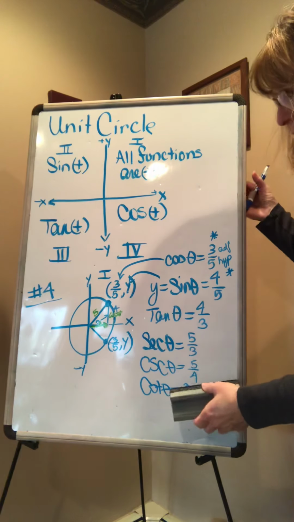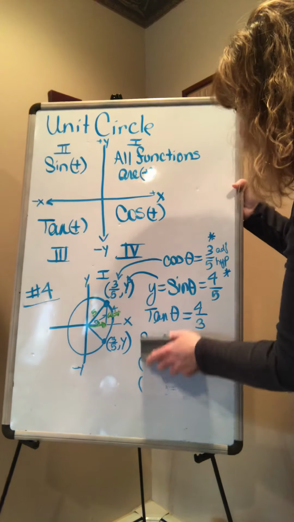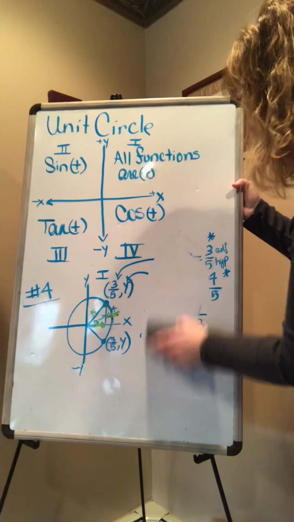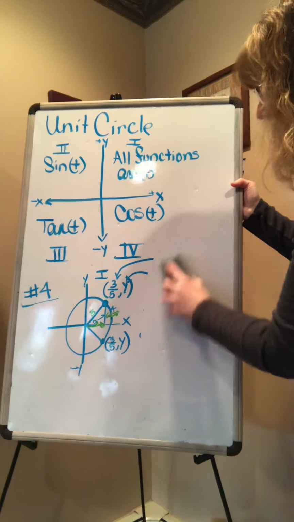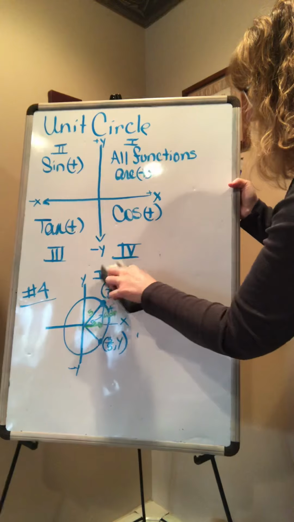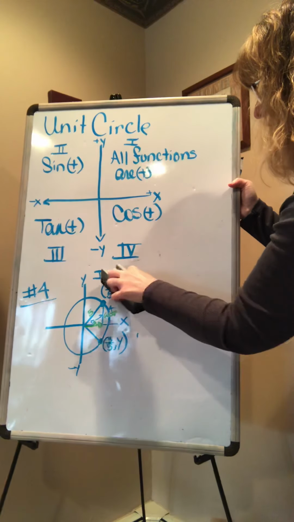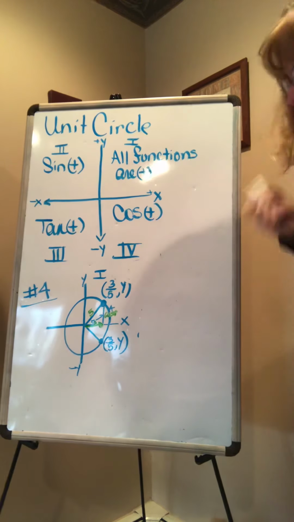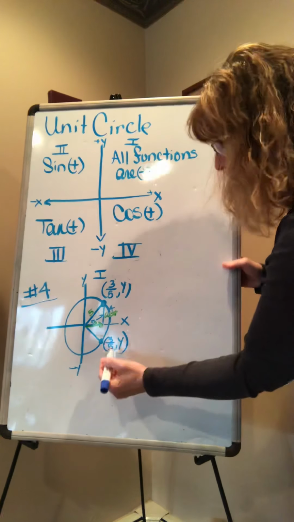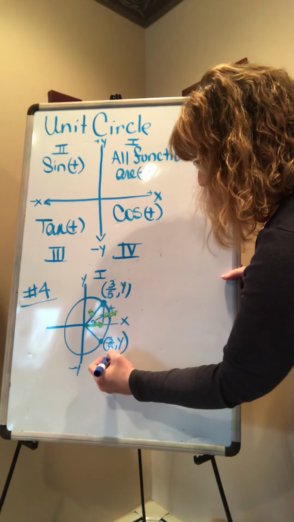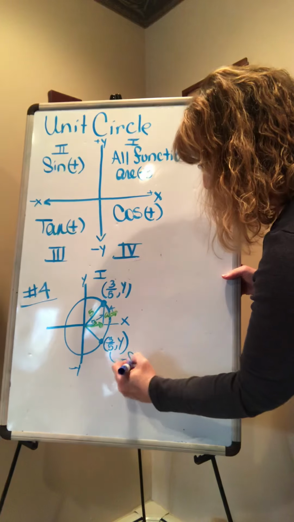Now, if I was in quadrant 4, I'm just going to get rid of this now, the whole thing. If this now were a quadrant 4, 3/5, again, this is my cosine.